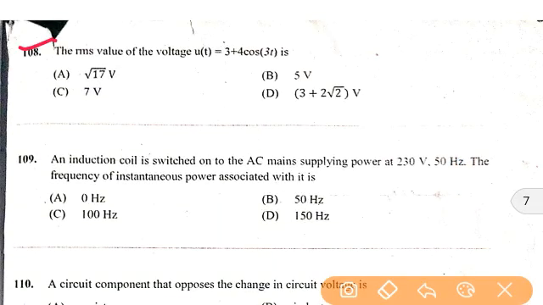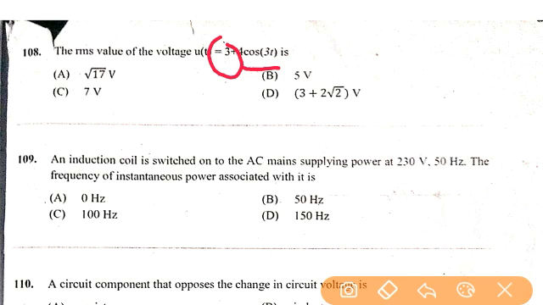In the next question, the RMS value of the voltage v(t) equal to 3 plus 4 cos 3t is, here you can see that this 3 is the DC voltage, 4 cos 3t is the AC voltage.